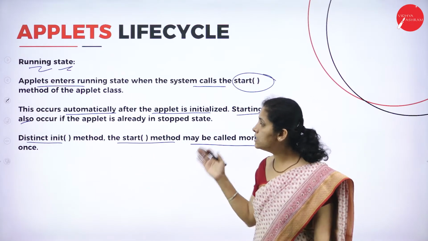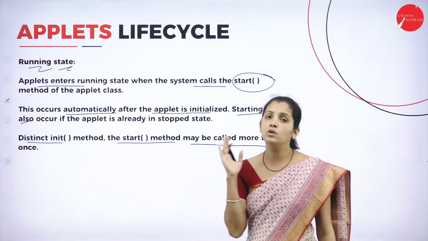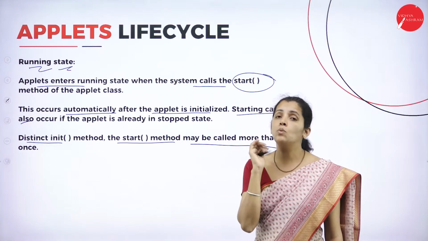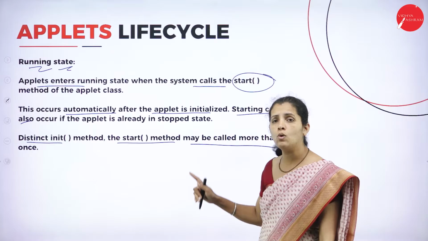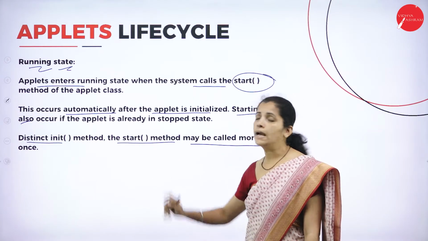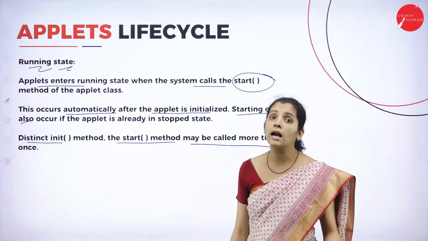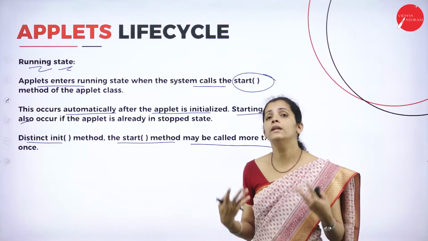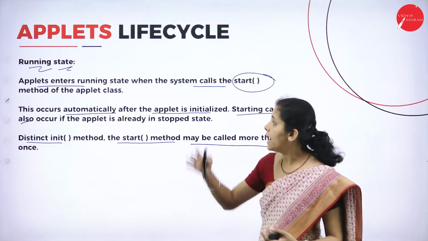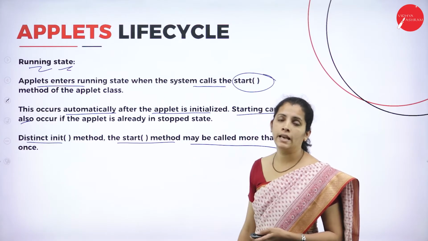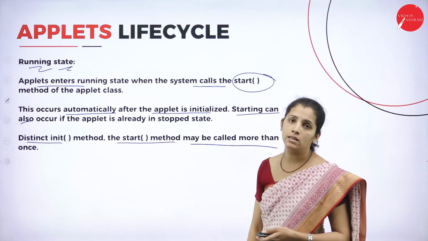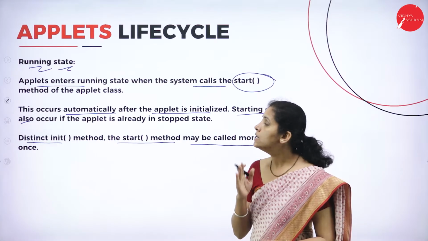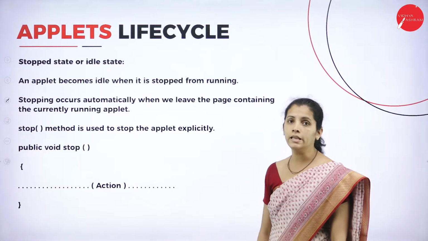I can call init method only once in my applet program, but I can call start method more than once. So how many times I want to run the applet, that many times I can call this start method. Now dear student, this is all about running state.